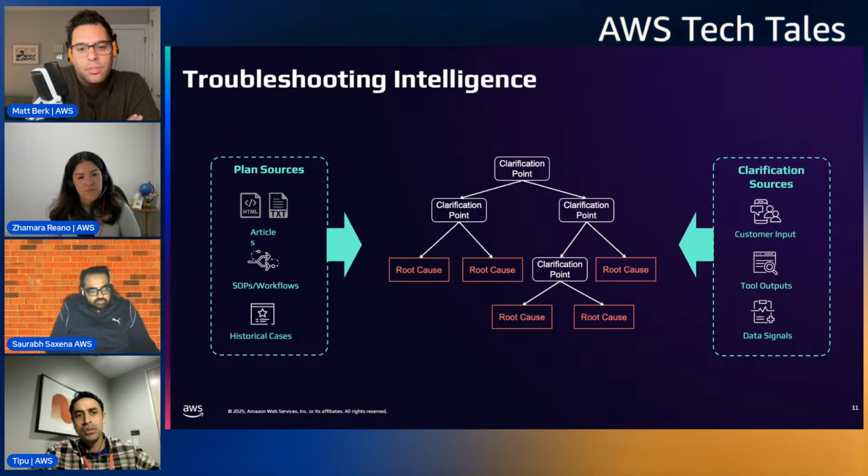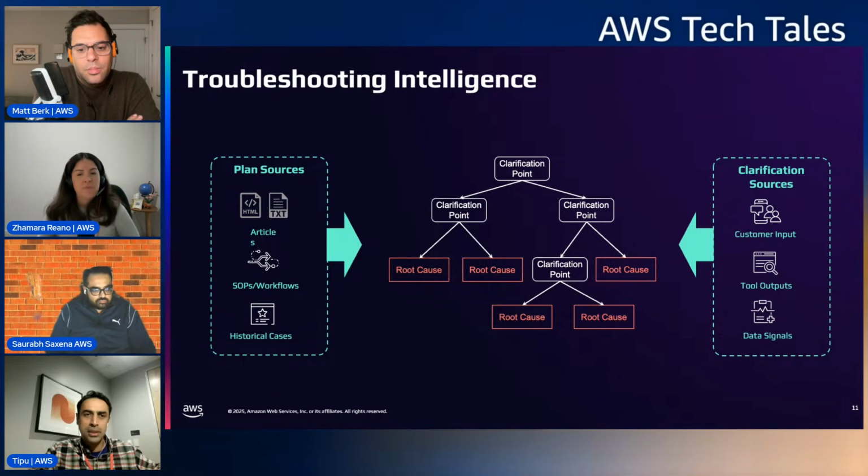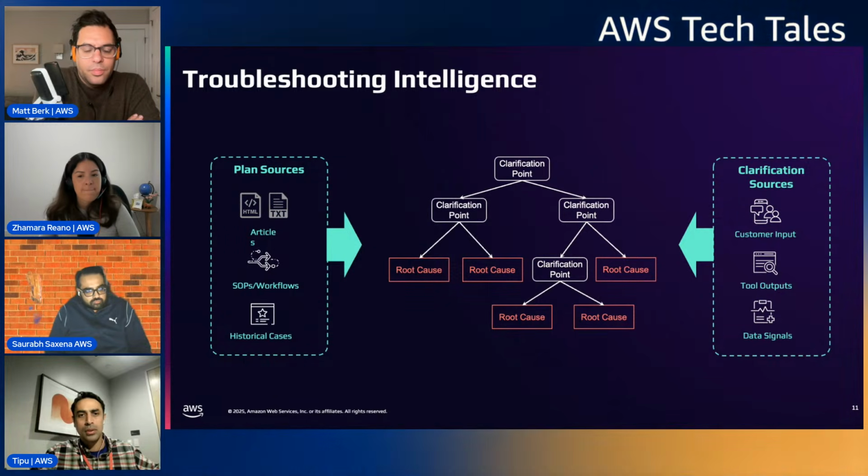We use this to create data structures that took the symptom all the way to the root cause. There are clarification points in between, but we can figure out what's needed to deal with that ambiguity at each step with the right tool calls, as I was mentioning earlier.